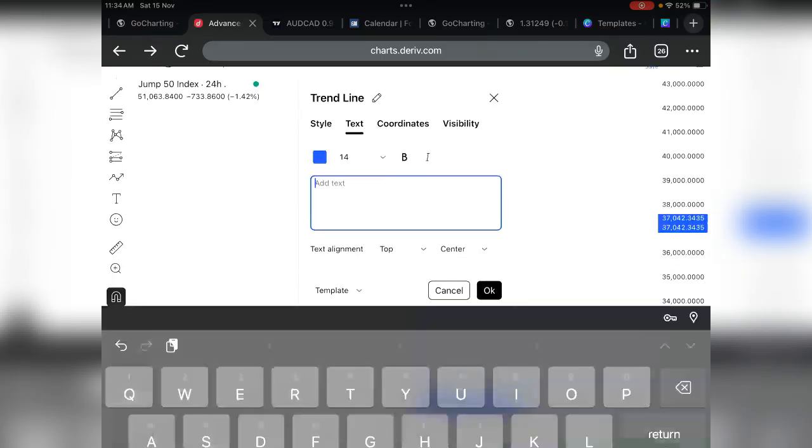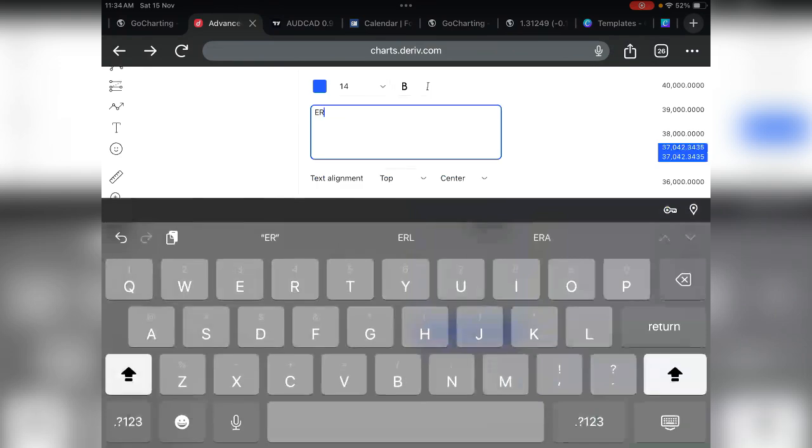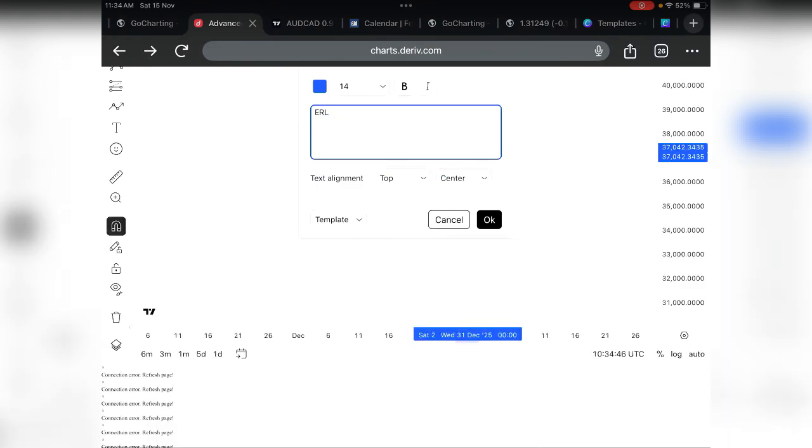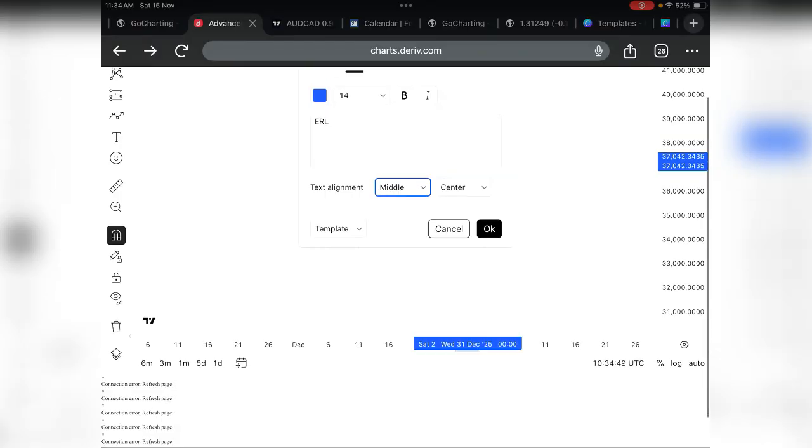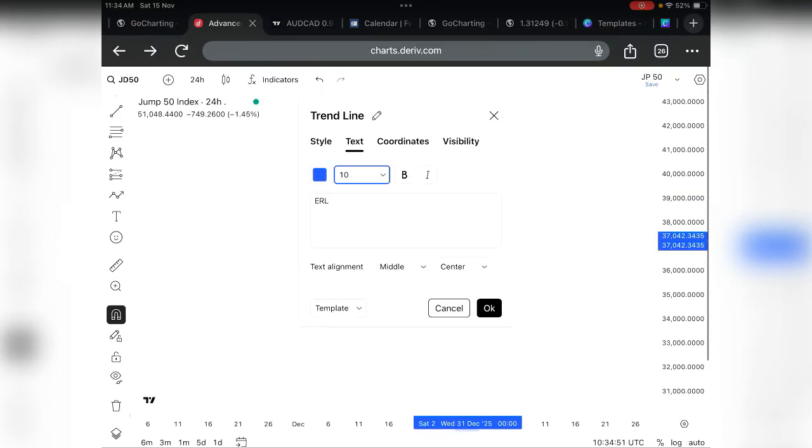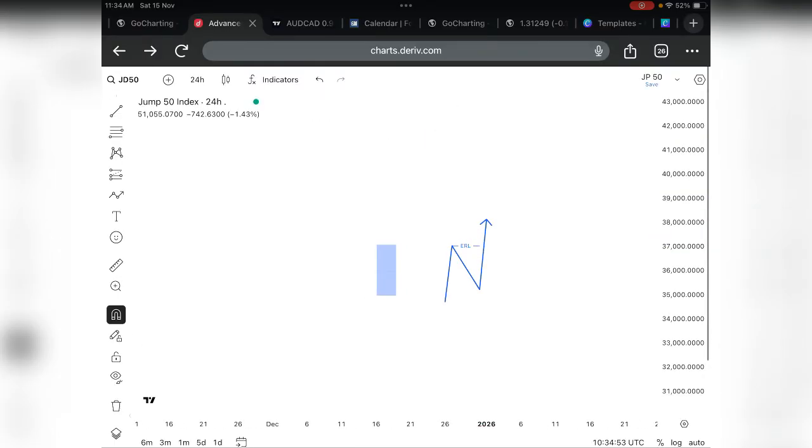How do you know that price is about to retrace? That's an important and a vital question. Price has taken out an external range.